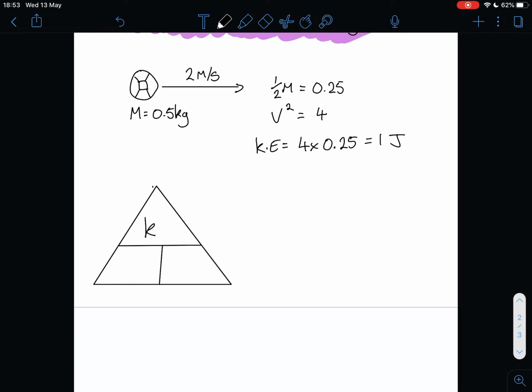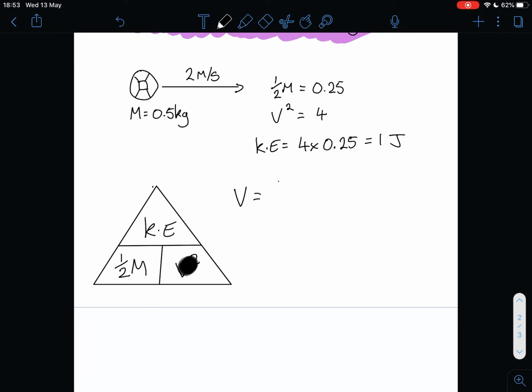So we can go kinetic energy. And we could just treat these as numbers. Half m, there's one number. V squared, there's the other. So if I wanted to find out, for example, how fast something was going, what I would do is I would cover up the one I want, in this case v squared. I say what I see, Ke over half m.